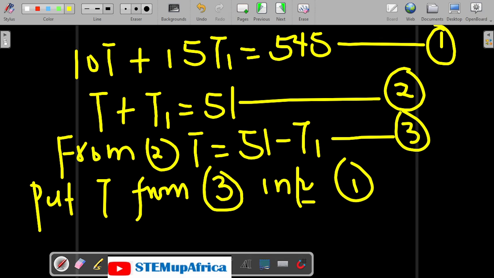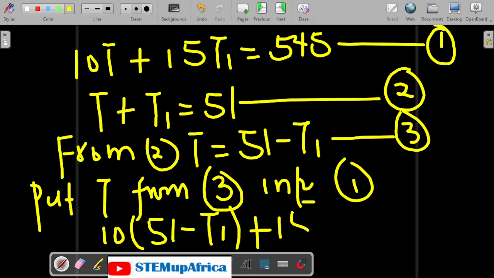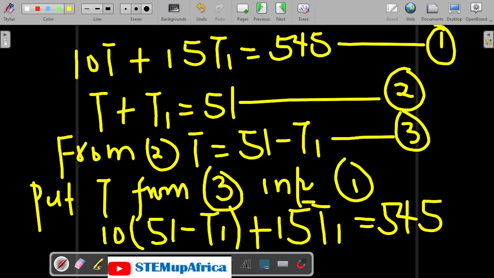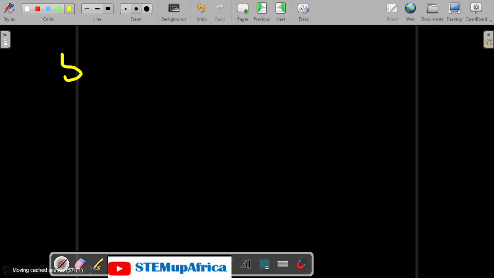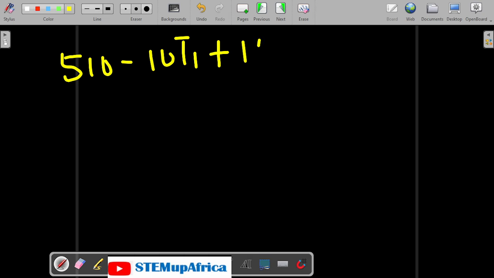I'm going to have 10 times (51 minus T1) plus 15 T1 equals 545. So we expand 10 times 51, that will give us 510 minus 10 T1 plus 15 T1 equals 545.